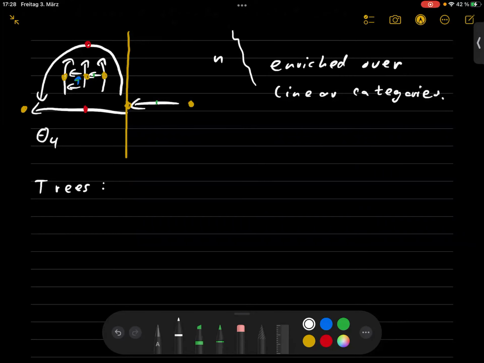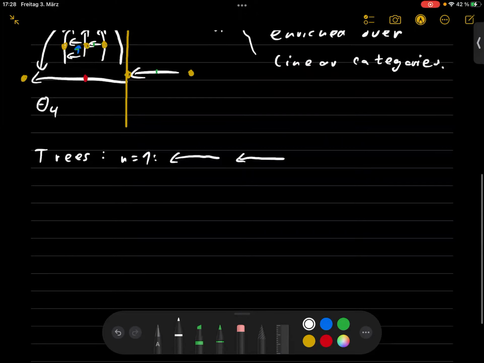Maybe start with this one here, in the case n equals 1. Then we have, okay, here points. In the corresponding tree, we write it like the following.